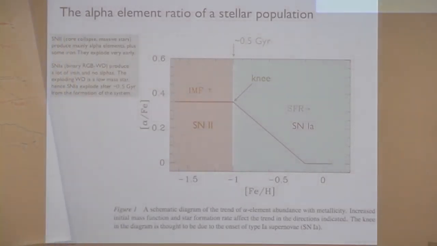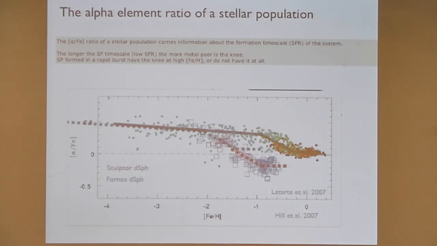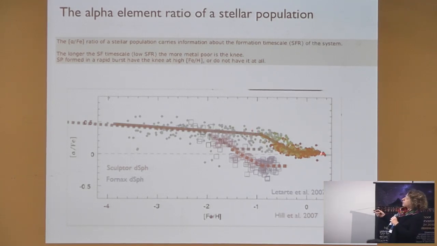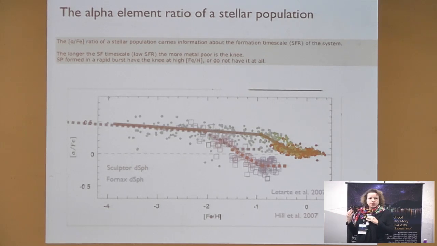I'll show you some examples, and then I will stop to check if you are okay or we got lost. This is an example. These are stars. The green, cyan, and red dots are stars in our own galaxy. We live in a massive galaxy that, compared to other small galaxies that we have nearby, had a relatively fast star formation.